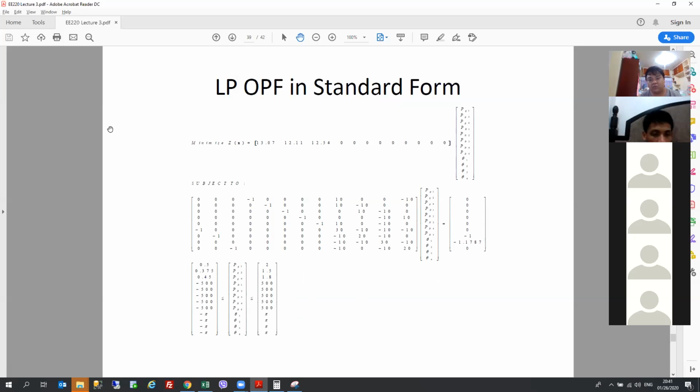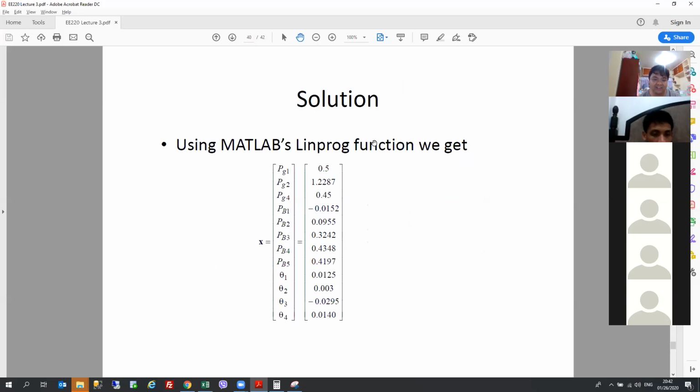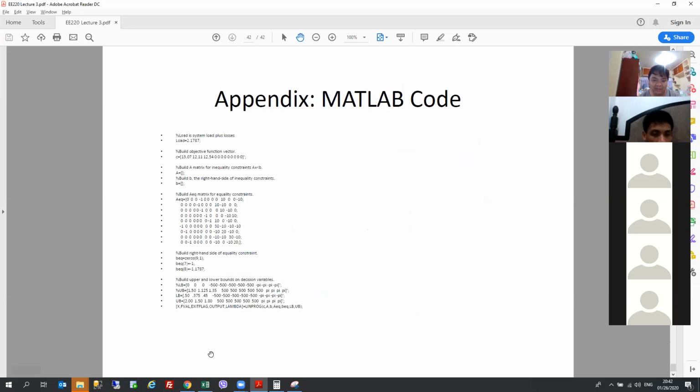You have to show, kunwari, bibigyan ko kayo ng power system problem kasama yung topology niya. Yung katulad nung kanina. Nung sample ko kanina. So, you have to get the LP-OPF standard form. But, yun lang yun. Kasi eventually, for me to check, I will get this para ma-solve ko sa MATLAB ito.